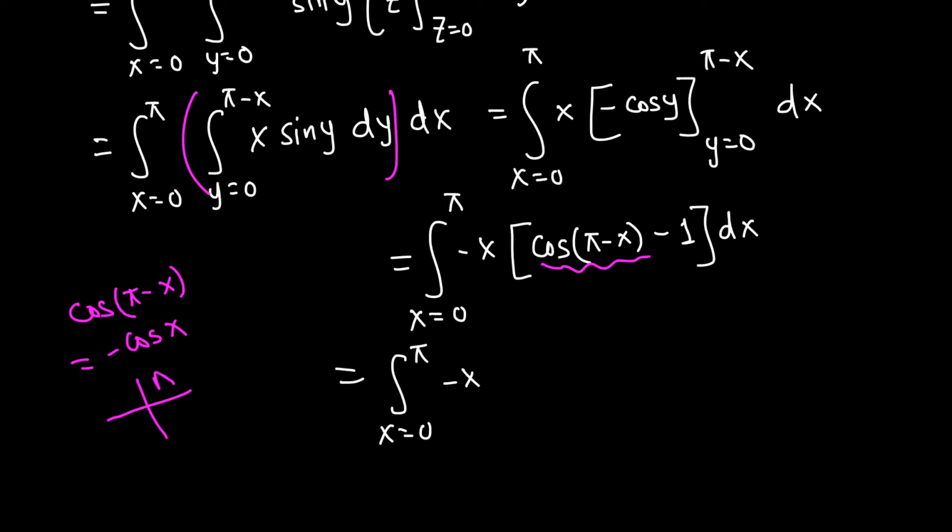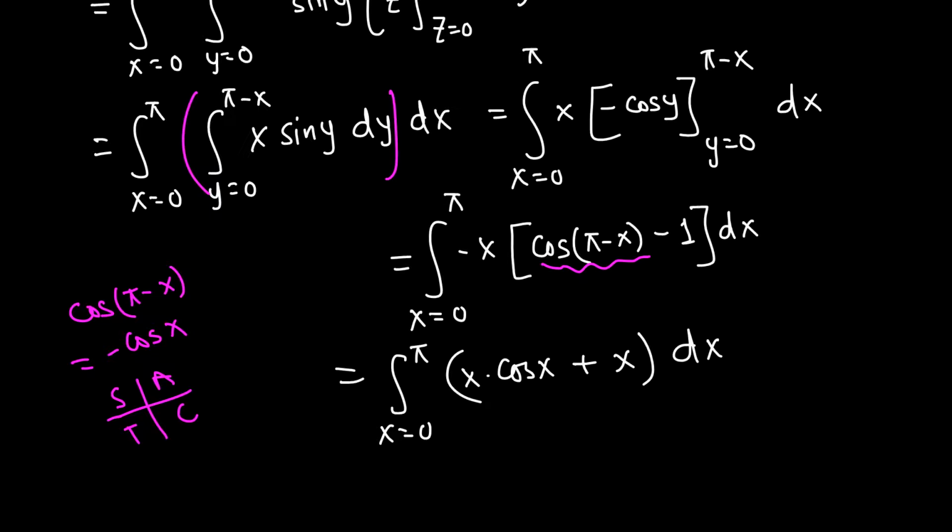If you go in this rule, cosine of 180 degrees minus x, that's in the second quadrant, 180 minus something, where sine is positive, cosine would be negative, so negative cosine x. In fact, you can get away with just writing cosine of pi minus x, no need to write it out, but that looks more complicated. So I'm using that cosine of pi minus x is negative cosine x, that makes this negative positive, so x cosine x, and next negative times negative is positive, x times 1, x dx.